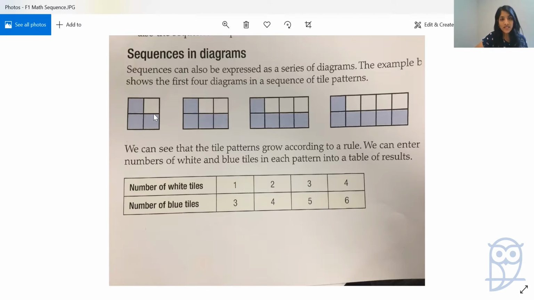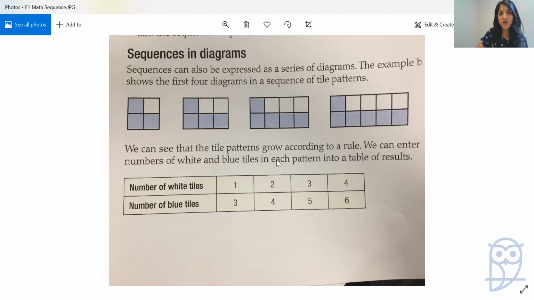So we can see that the white tiles are increasing by 1 each time: 1, 2, 3, 4. And the blue tiles are doing the very same thing. They started off with 3 blue tiles, 4 blue tiles, 5 blue tiles, and moving on to 6 blue tiles. So can you guys see the sequence and the pattern being formed?